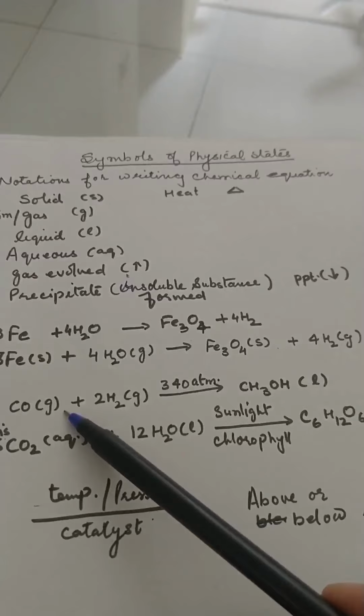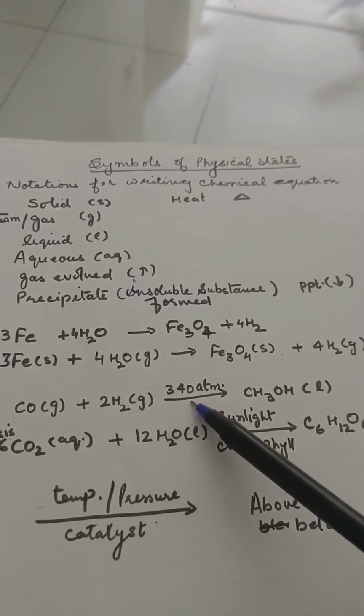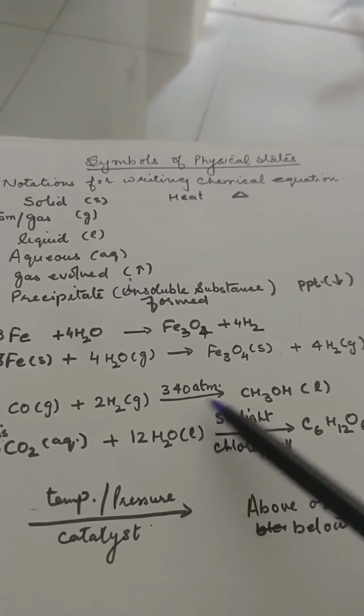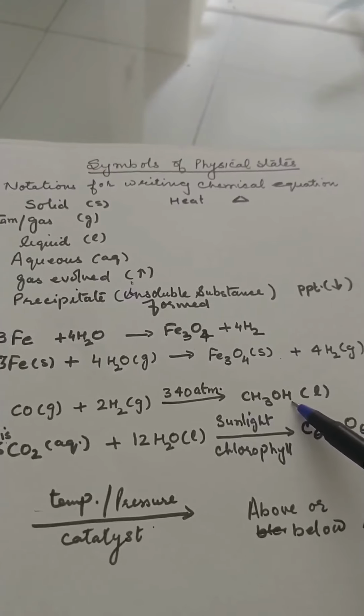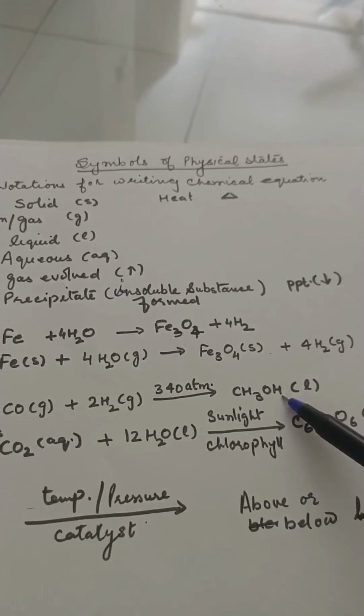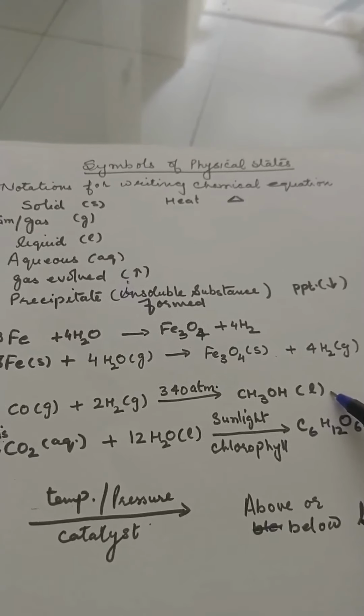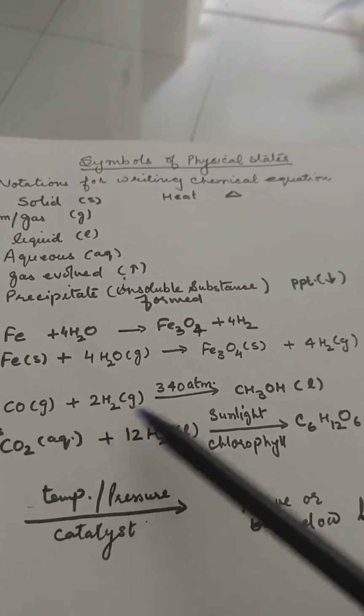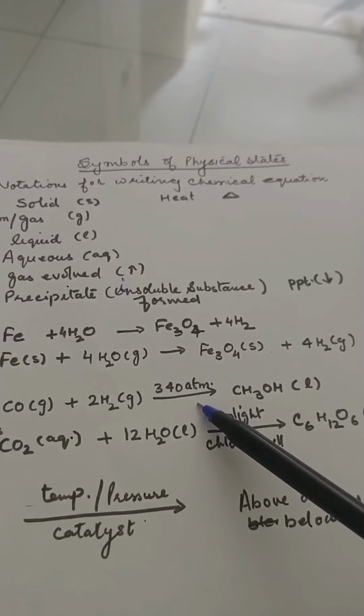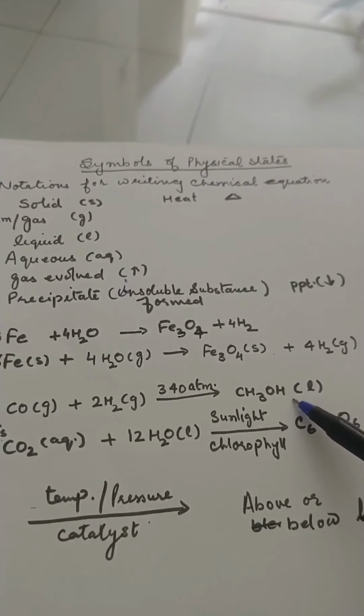This reaction only takes place with 340 atmospheric pressure to form a compound alcohol. It is methanol. It's a liquid. So two gases under 340 atmospheric pressure form methanol.